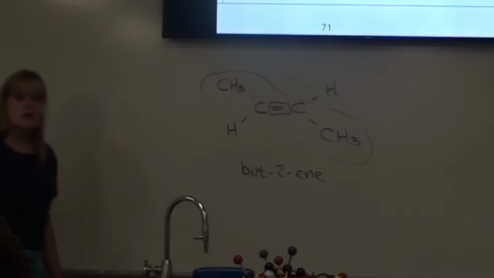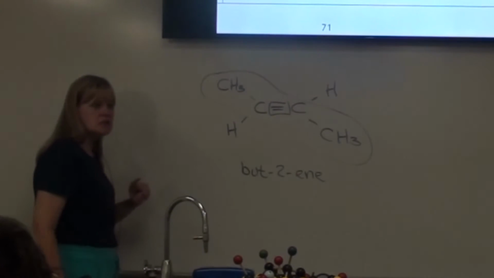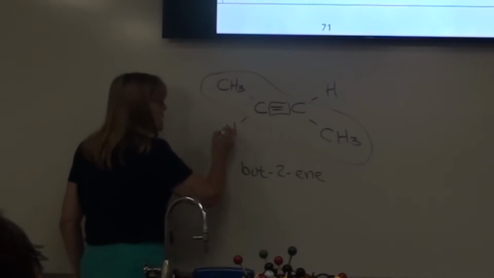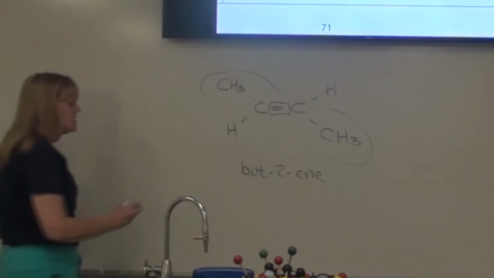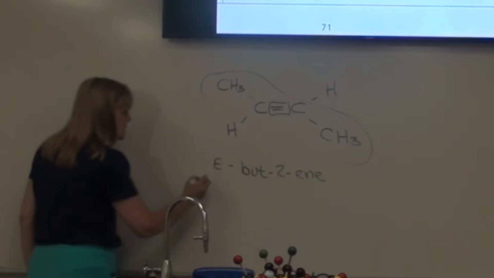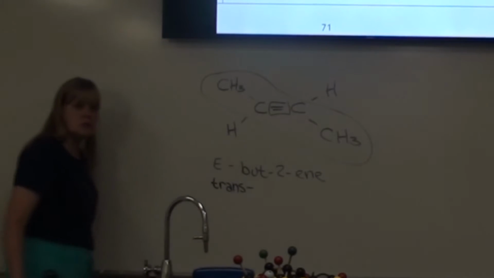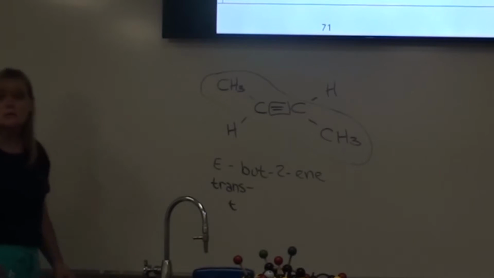And then you are saying if there's more than one of anything. There isn't, and you put the number in. Sorry, I jumped ahead there. I got so excited. Anyway, now you decided that this is either trans or E. Then you write that at the beginning. So E-butene, or you could alternatively do trans-butene, or sometimes the abbreviation T is used for trans.